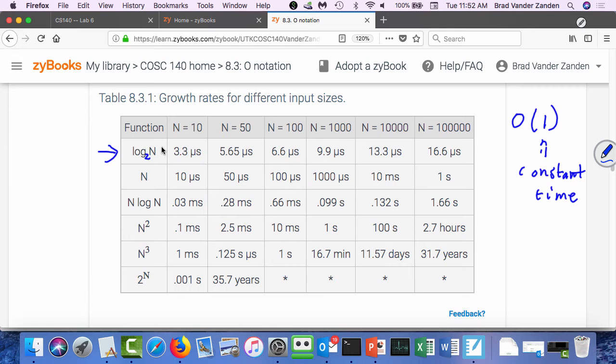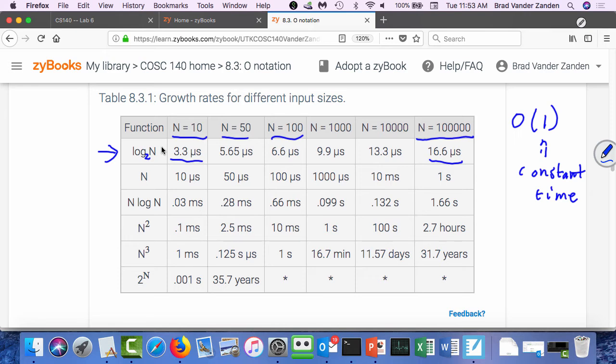So you can see that as n gets much bigger, up to 100,000 with log n, when the input size goes up by a factor of 10,000, the running time increases by a factor of 5. That's outstanding.